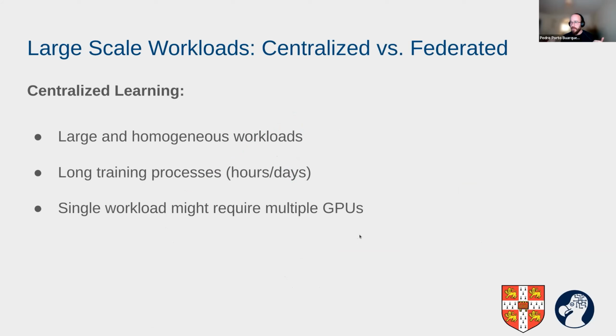If you think about large language models, you usually have very large workloads that have to be distributed over multiple GPUs, and that the training process of running those large models, of training very heavy workloads, probably runs across days and even weeks, depending on the model.